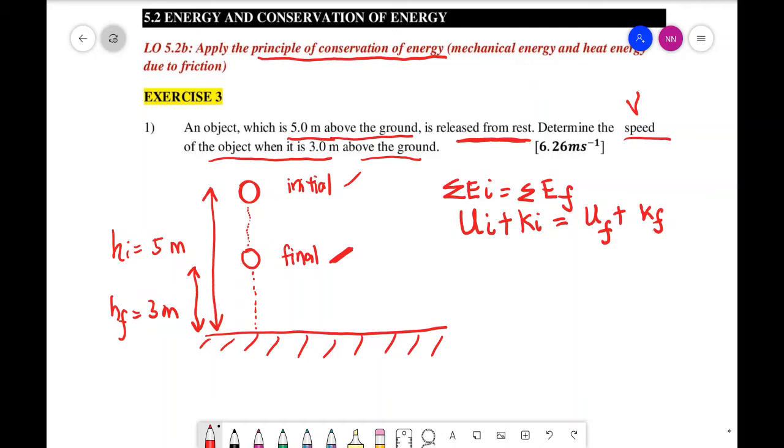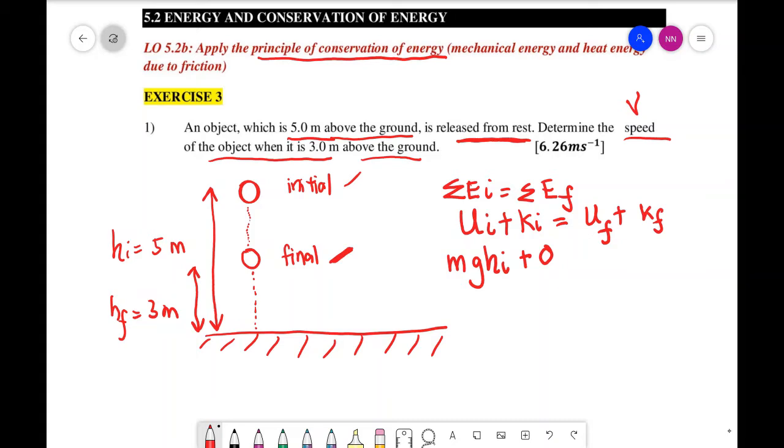Then you can write down the formula for potential energy, mg times height initial, and kinetic energy initial is 0 because initially it is at rest and doesn't move.